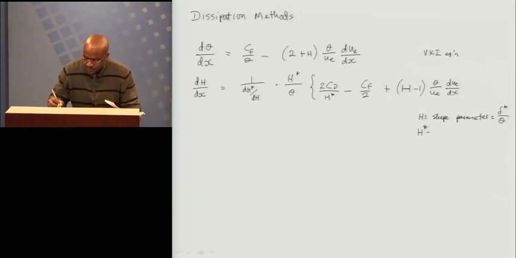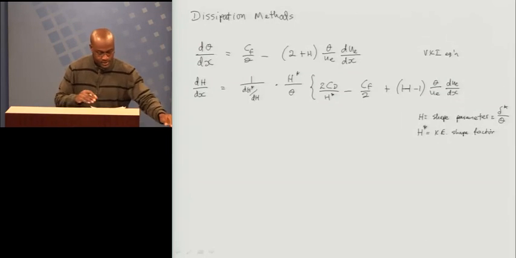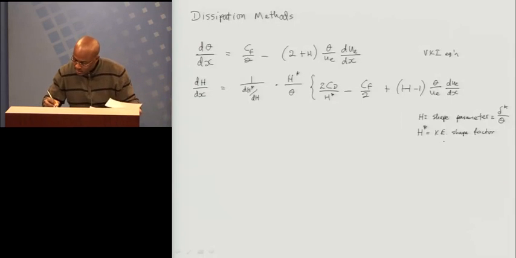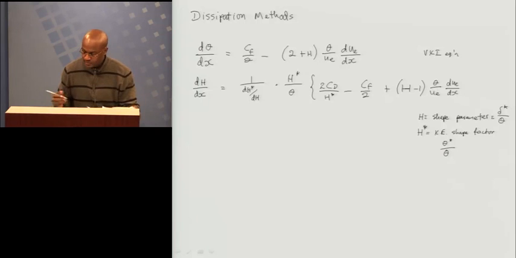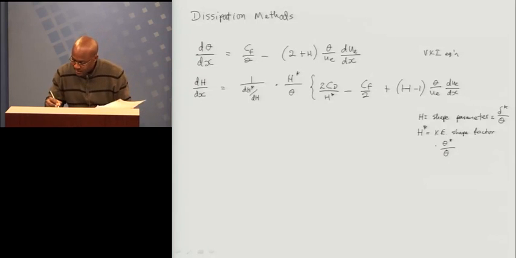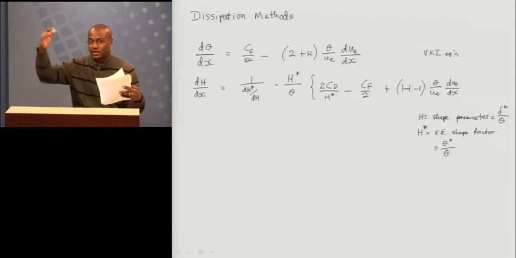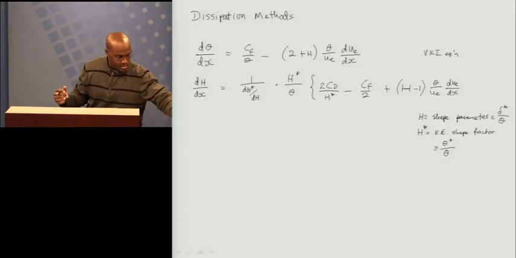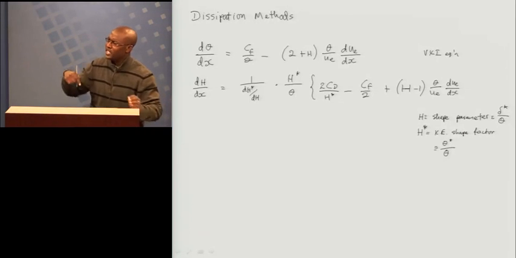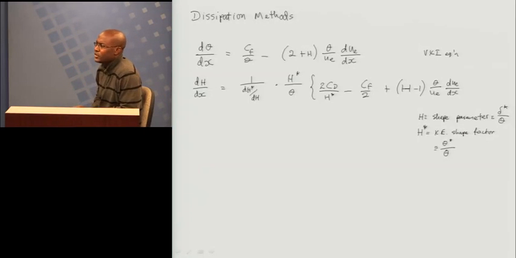H star, this was our kinetic energy shape factor, and that is theta star divided by theta. Theta is our momentum thickness. Theta star is our kinetic energy thickness. All right, and I believe we have the definitions for those in your notes, so I'll leave them out here.